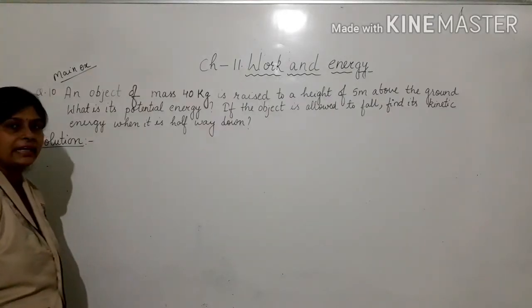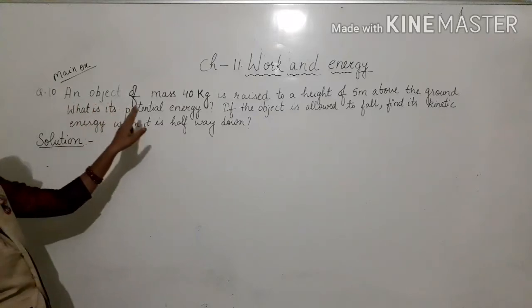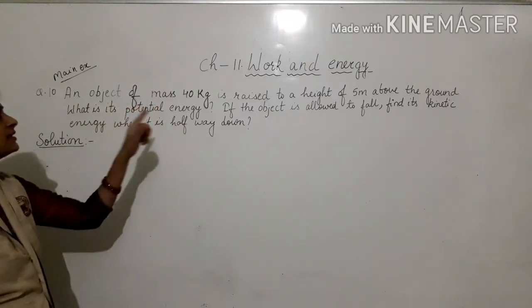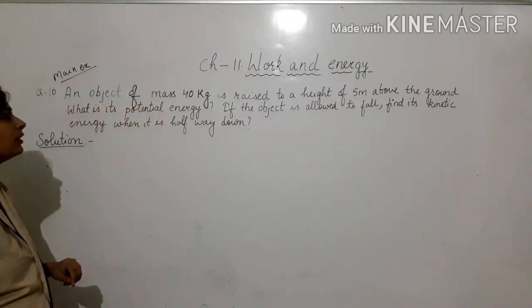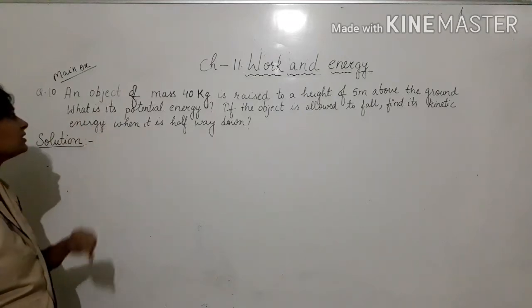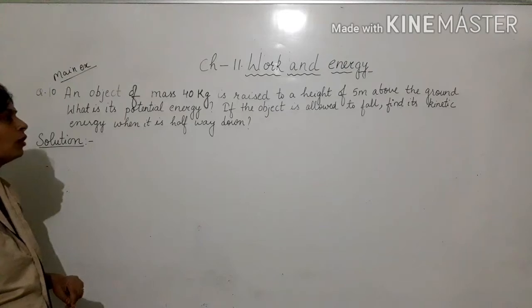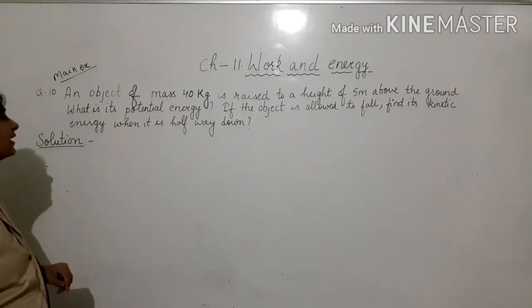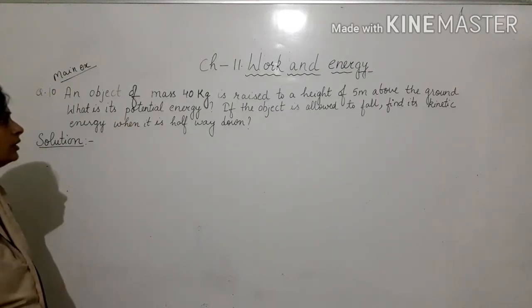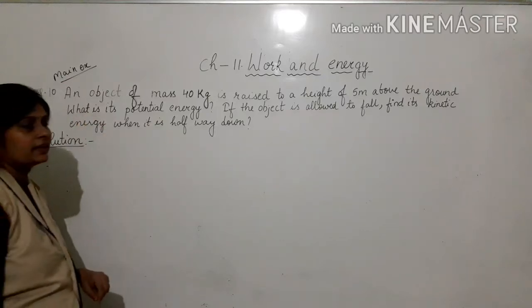Now question number 10. An object of mass 40 kg is raised to a height of 5 meter above the ground. What is its potential energy? If the object is allowed to fall, find its kinetic energy when it is halfway down. See, what is question saying?